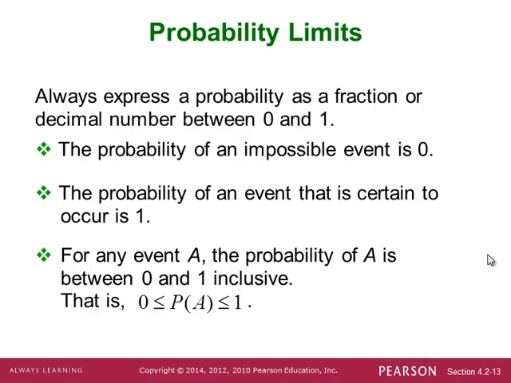It is certain. For any other event that is not impossible but not certain, the probability is between 0 and 1. So for any event A, the probability is between 0 and 1. It does not make sense for a probability to be greater than 1 or less than 0.